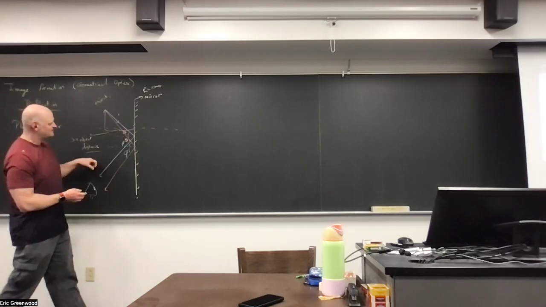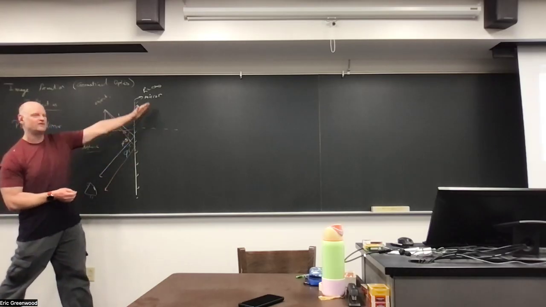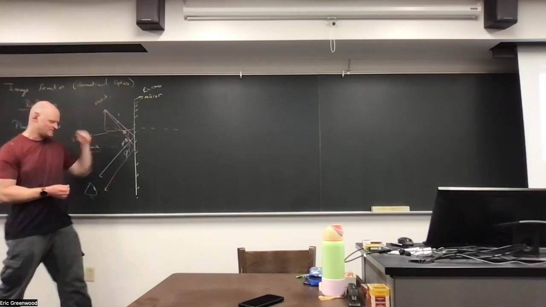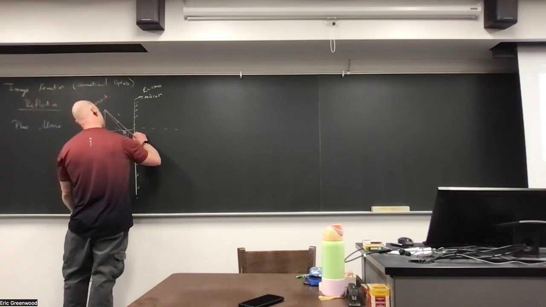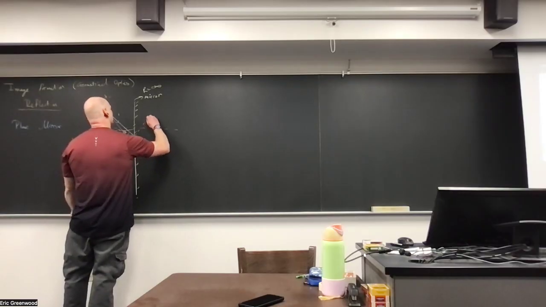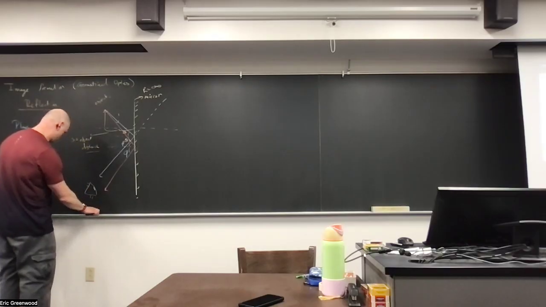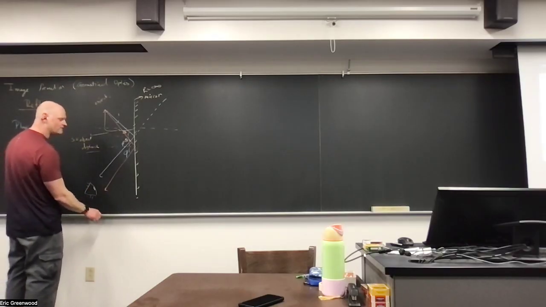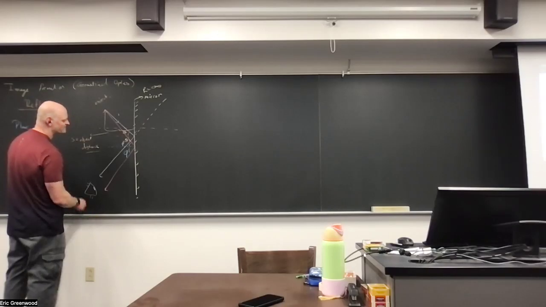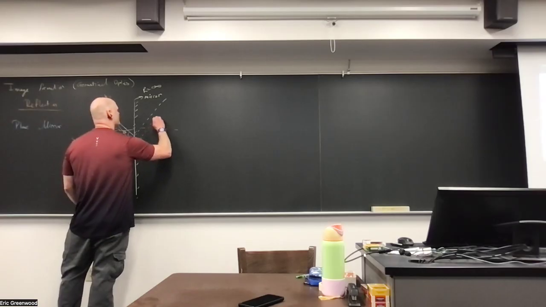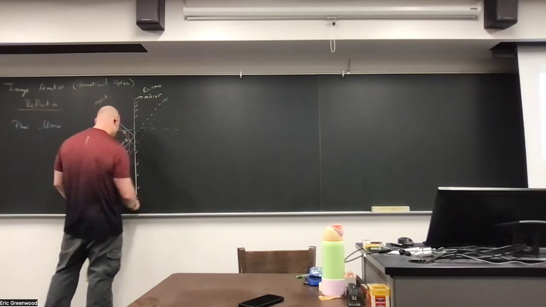Since they don't see the rays cross each other, they have to ray trace them back to where they think they actually came from. So this one gets ray traced back along the line at which it started off. This one is ray traced backwards as well, in a color I haven't used yet. This one's going to ray trace back this way. And then eventually these two lines are going to cross each other.